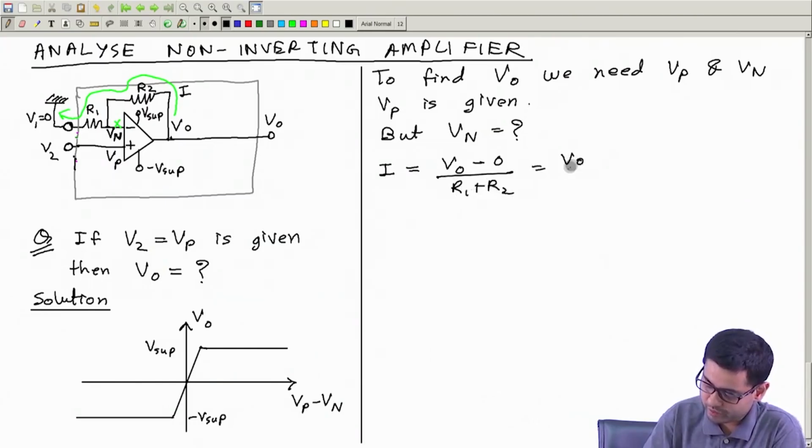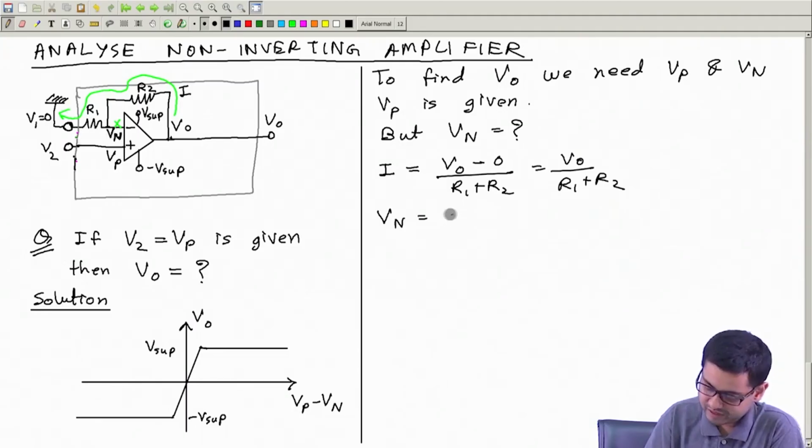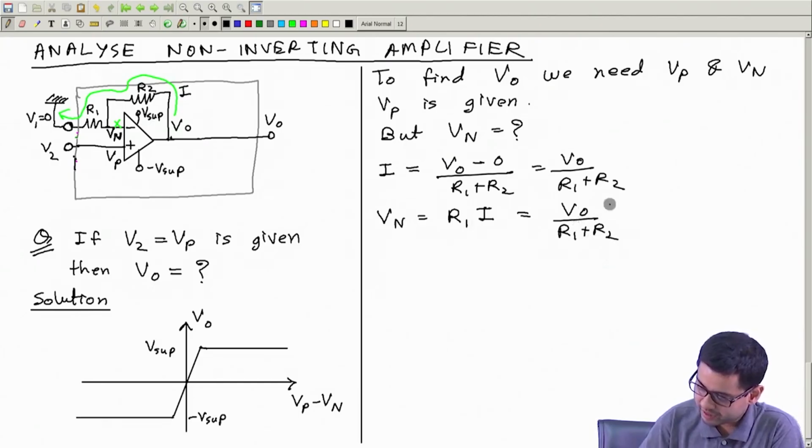This is Vo by R1 plus R2. And therefore now Vn will be, by potential divider rule, R1 multiplied by I. So this is same as Vo by R1 plus R2 multiplied by R1. Okay, so this is Vn.